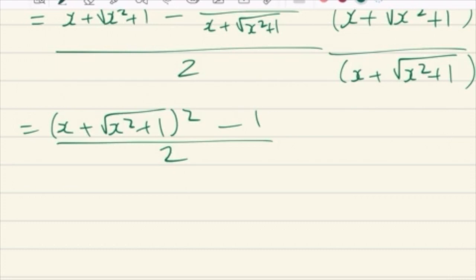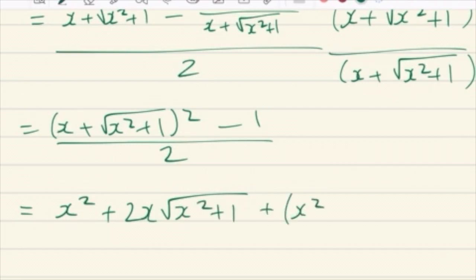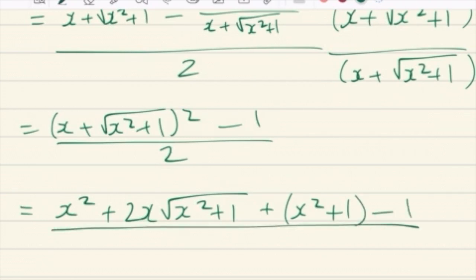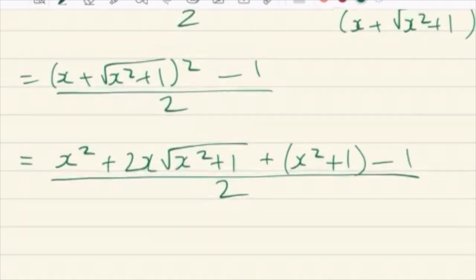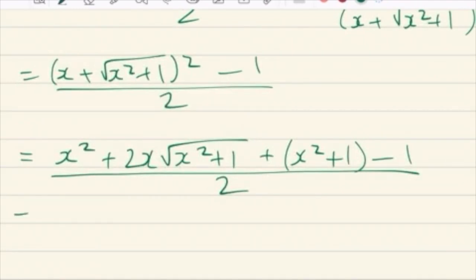Yeah, so this is going to be a bit of a pain to expand, but we can just use binomial theorem. So first term squared plus 2 times first term times second term plus the last term squared. So the square root will just disappear. Cool. So putting like terms together.